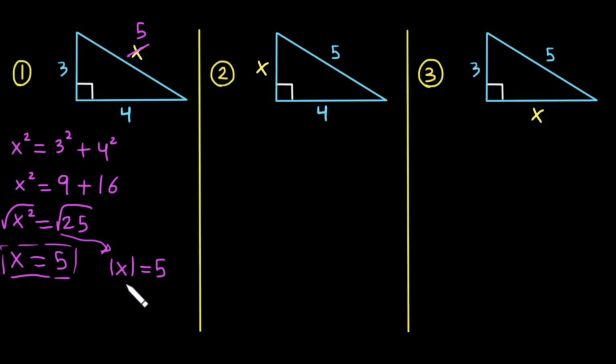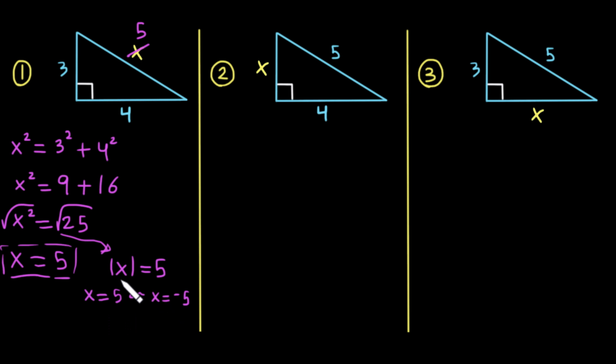Now if we want to solve this equation, the absolute value of x equal 5, either x equal 5 or x equal negative 5, because if we substitute negative 5, the absolute value of negative 5 is of course 5. So there is another solution, which is x equal negative 5.